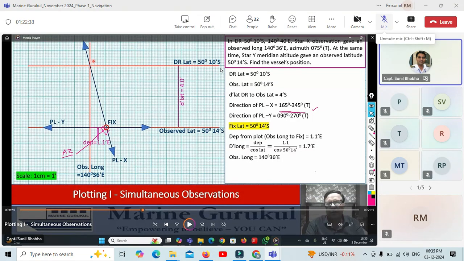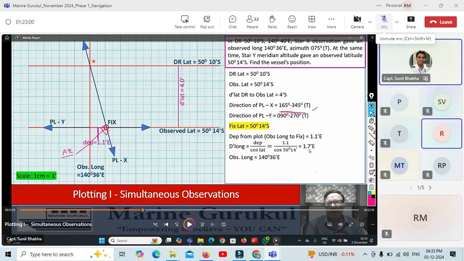Okay. Now listen to one bonus point. Even if you take the mean of 50-10 and 50-14 and you put it here as 50-12, cos of 50-12, the numerical answer is going to still remain the same, because this much of a difference in latitude is not going to give you any practical difference in your answer.